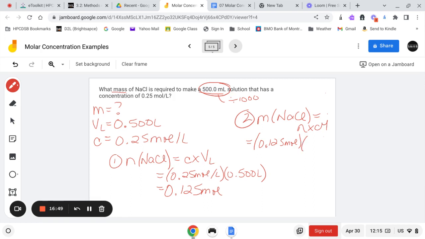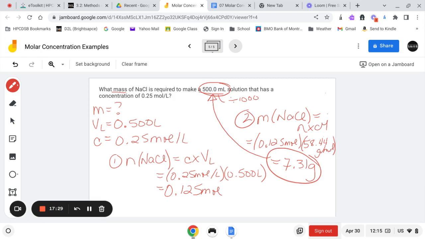And what's the molar mass of sodium chloride? Well, sodium is 22.99 and chlorine weighs 35.45. There's only one atom of each, so we get a total of 58.44 grams per mole. We multiply that with 0.125, and I am getting a mass value of 7.31 grams. Okay, and that's how much sodium chloride I would have to weigh out. And then I would dissolve that in 500 mL of water, basically.